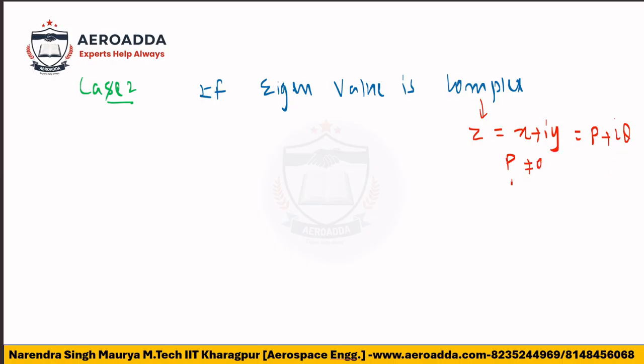In the previous case q was zero, so a pure real eigenvalue was there. Here q is also there, meaning real and imaginary both are there. That's the reason it is called complex.